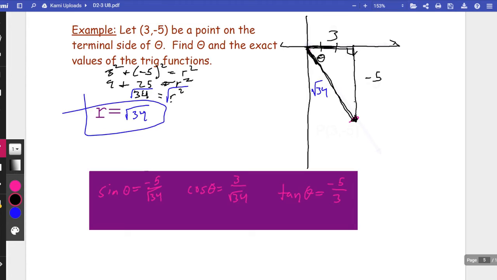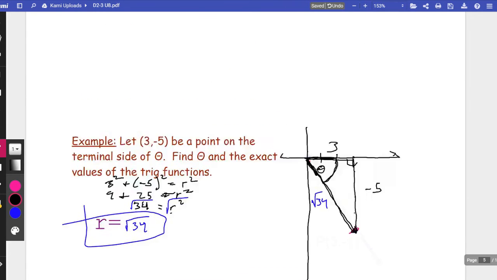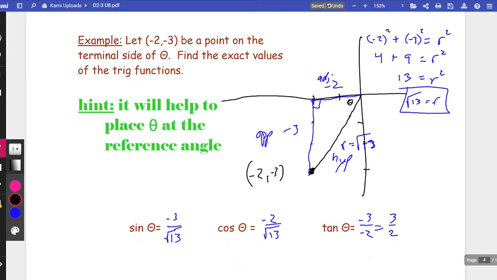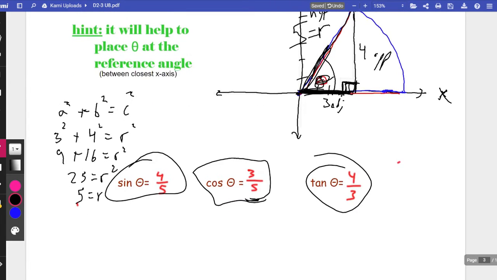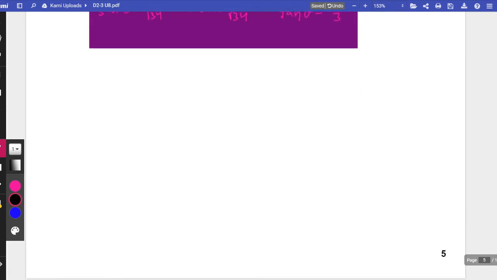And if you notice, in every single problem, that's what theta is. It's this degree measurement from the terminal side to the nearest x-axis. See this one? From the terminal side to the nearest x-axis. See this one? That's always what theta is.